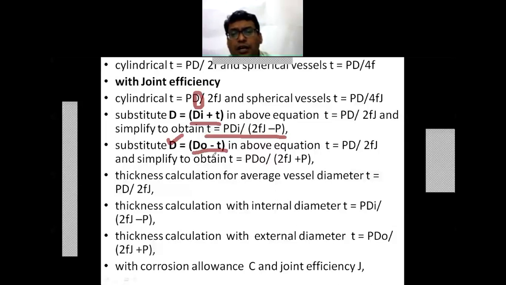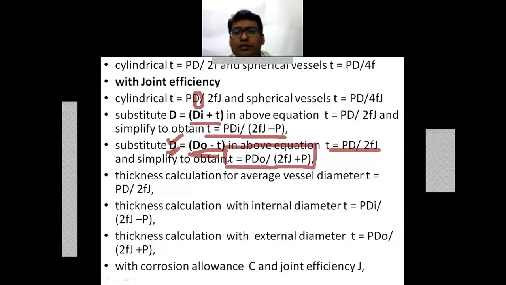Do minus t. D is the average diameter or the mean diameter. In the above equation, thickness equal to PD upon 2fJ, you will get the thickness equal to P Do upon 2fJ plus P.